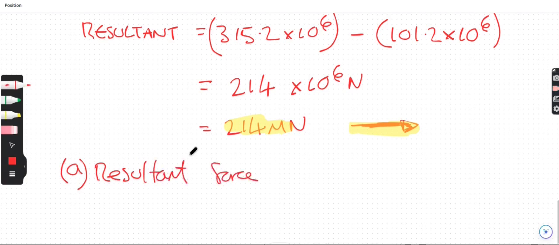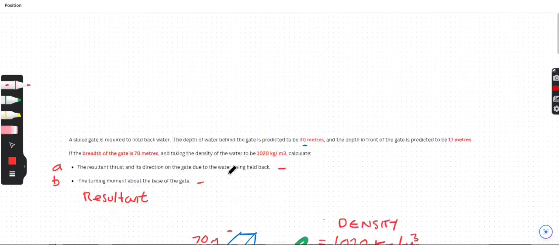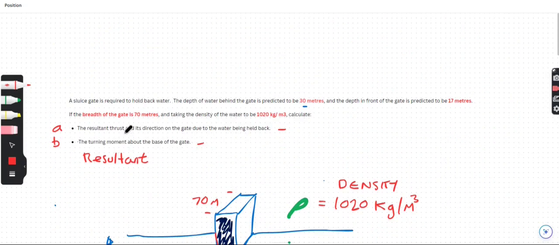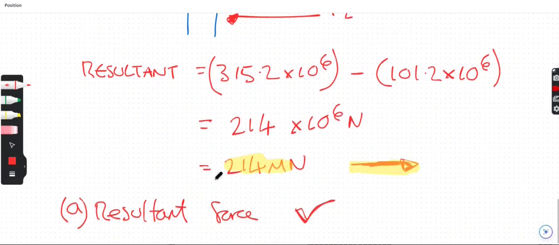You can do it quicker than that. I've just gone a bit slow so you can see what's going on. That's the resultant force, part A. There, look, the resultant thrust and its direction. Resultant force, resultant thrust, okay? And direction. So the resultant thrust is 214 meganewtons, and the direction is going to your right, from left to right.